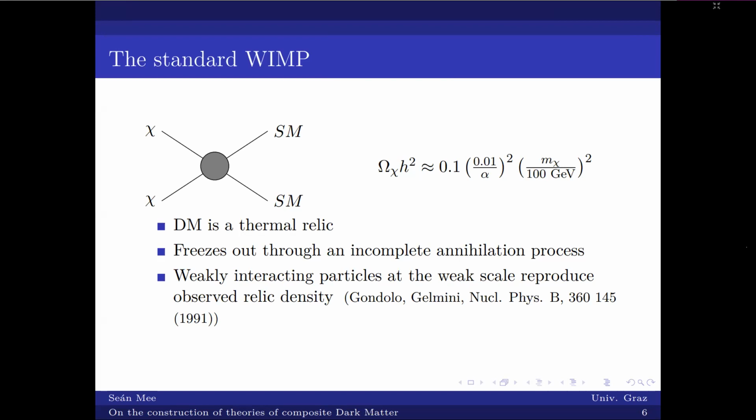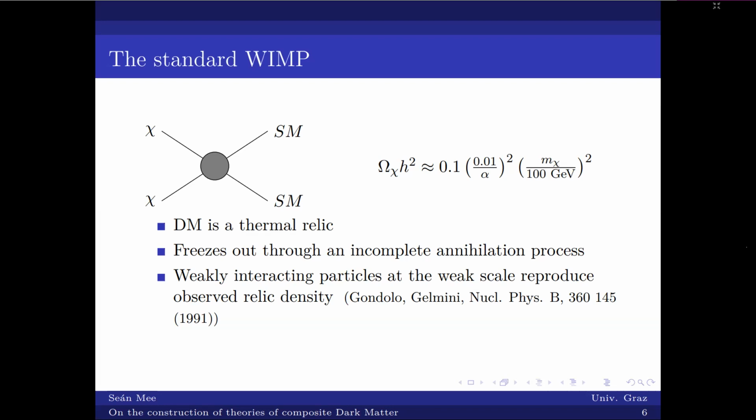At some point, dark matter production falls out of equilibrium and the dark matter starts to annihilate until the point where dark matter can no longer efficiently find other dark matter particles. And then we say that the process freezes out and the abundance remains approximately constant. So weakly interacting particles at the weak scale.